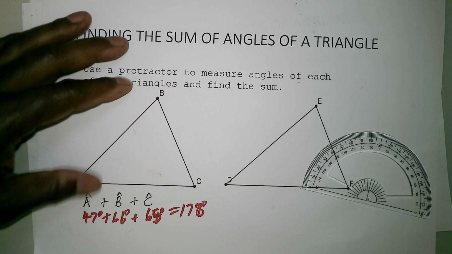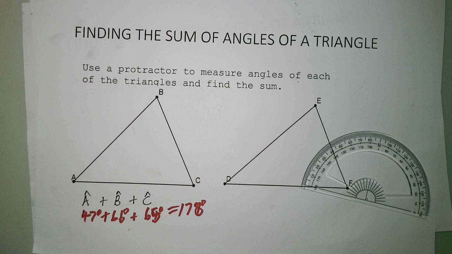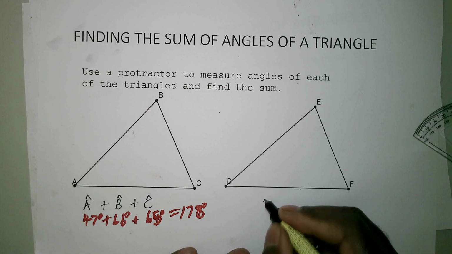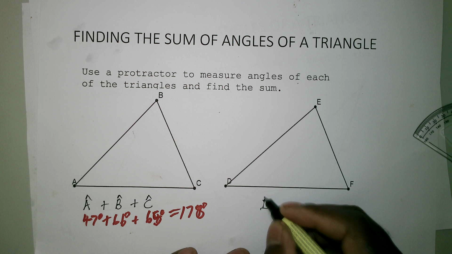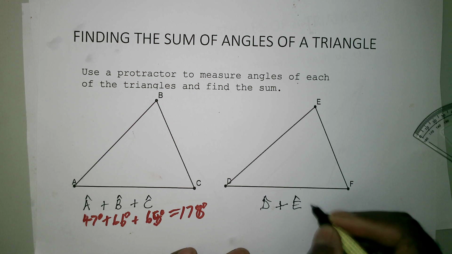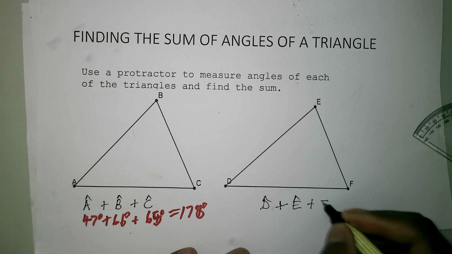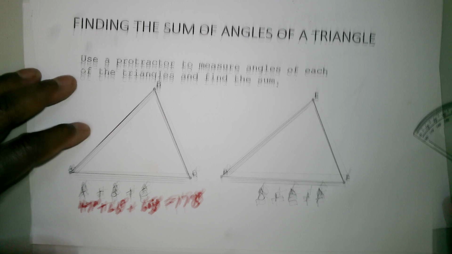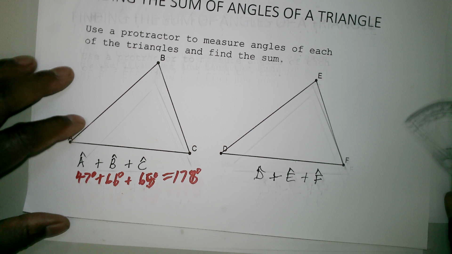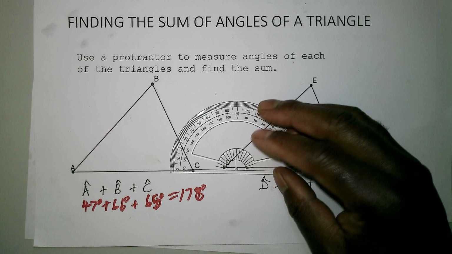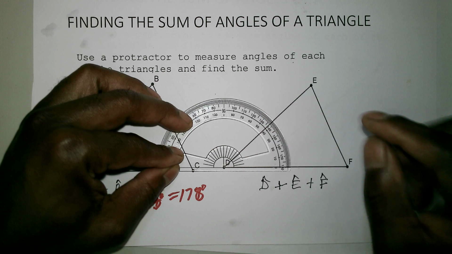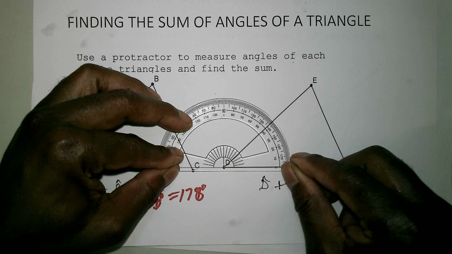So we can proceed to the next one, which is angle D plus angle E plus angle F. Okay, let's start with this one. From this side, 0, 10, 20, 30, we've got 40.